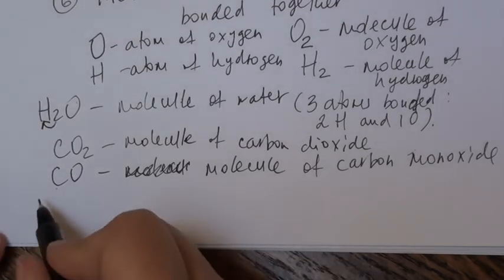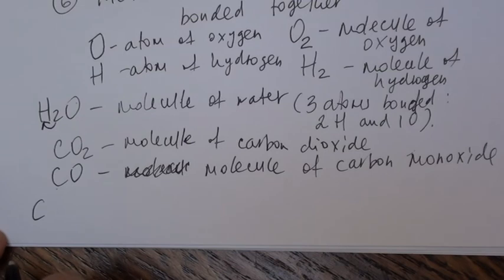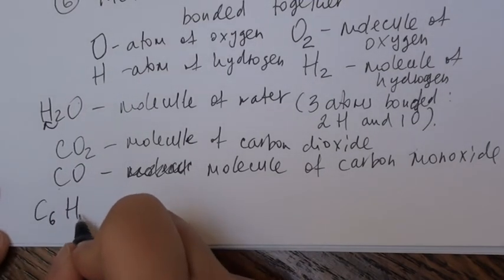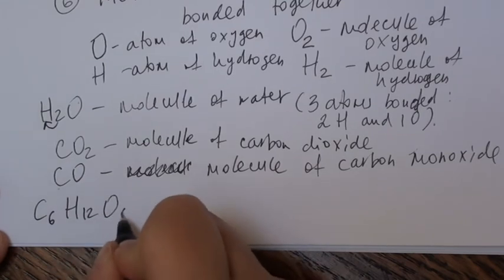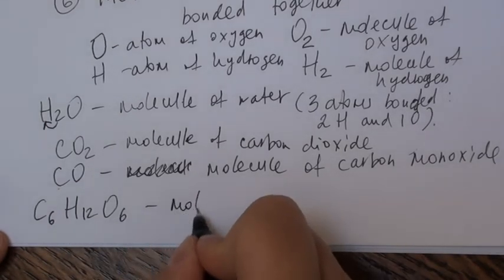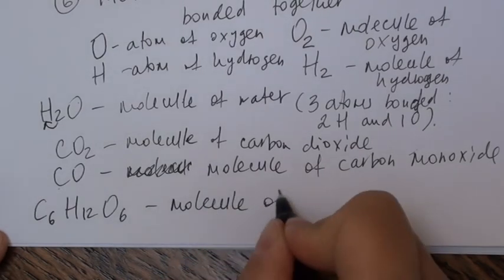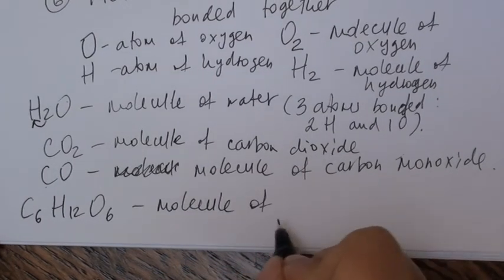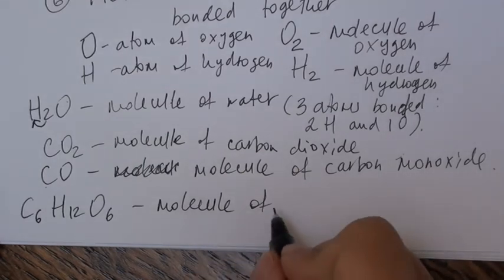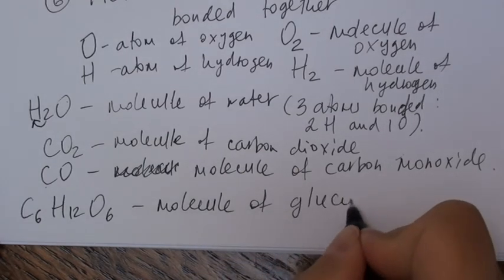And one last example, this time the molecule is going to be slightly bigger: C6H12O6, and I suggest you try to remember this one. C6H12O6, and this is a molecule of, and I'm really hopeful some of you will be able to name this, a molecule of glucose, right?